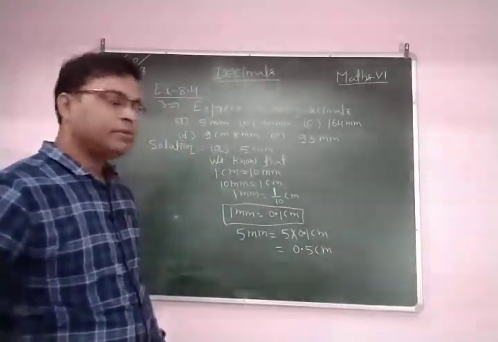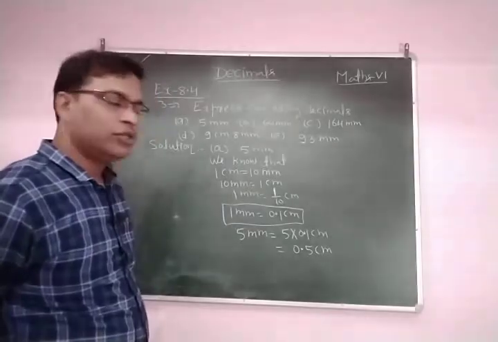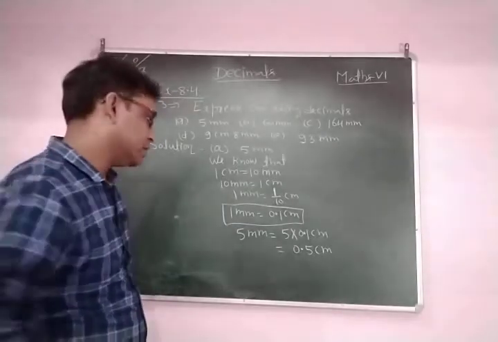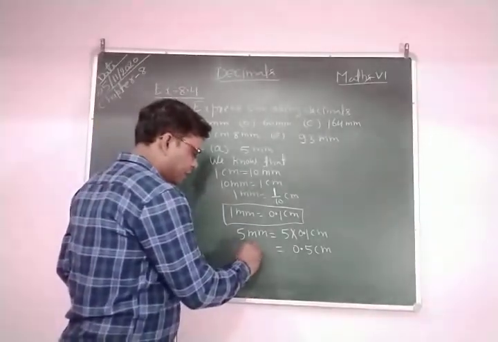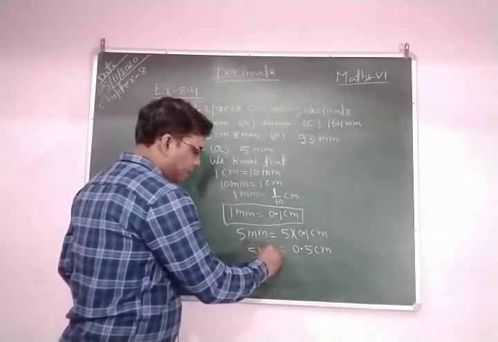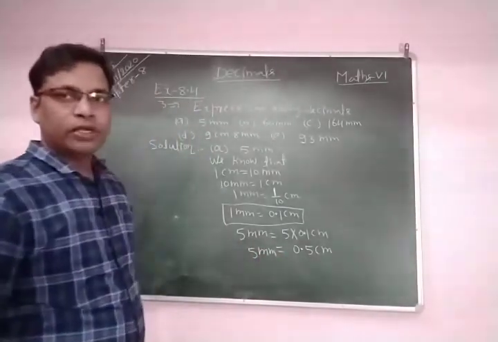Clear? 5 millimeters is equal to 0.5 centimeters.